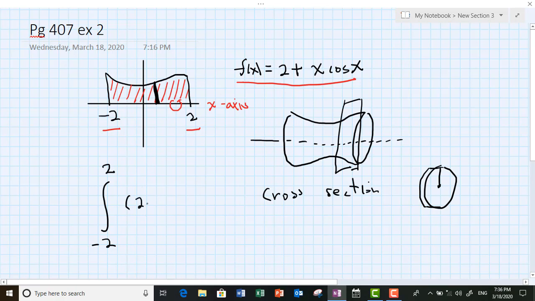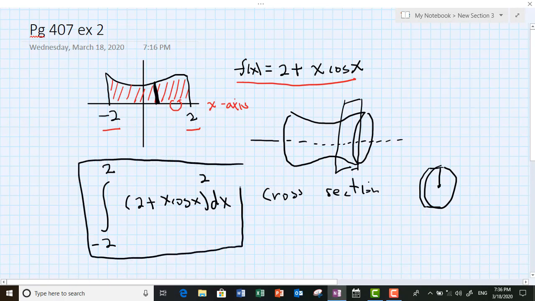In this case, it's going to be 2 plus x cosine x, squared. And what is our height? Well, that's dx. Oh, by the way, I forgot one thing. You've got to have pi. Once you have this setup, all you've got to do is use your calculator to evaluate this.